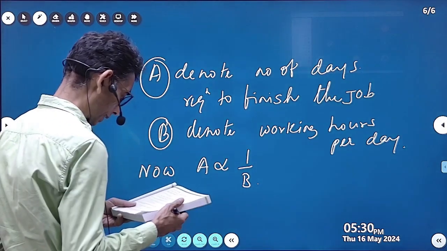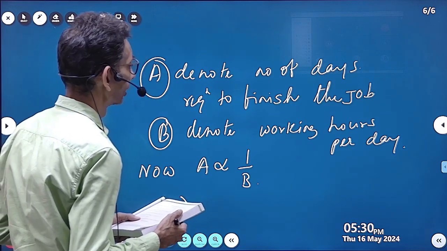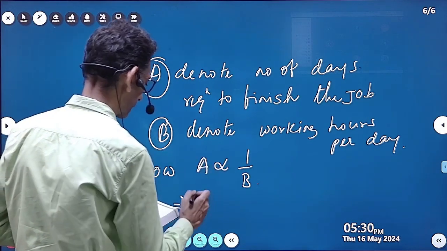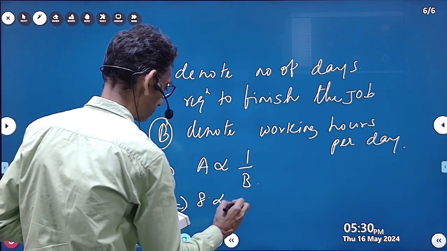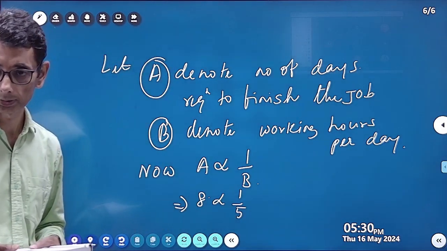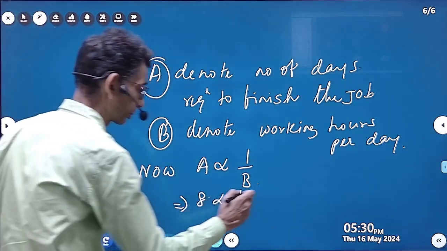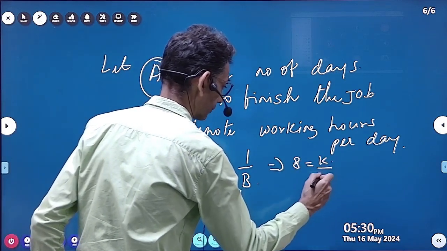According to the question, they say working 8 hours a day, 5 days. So A is equal to 8, B is equal to 5. Right? So this implies 8 is equal to K by 5.